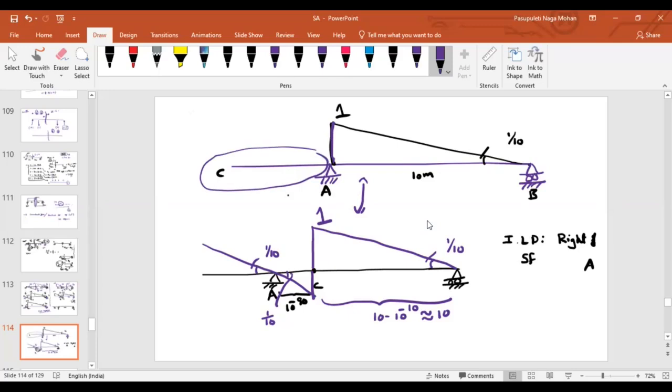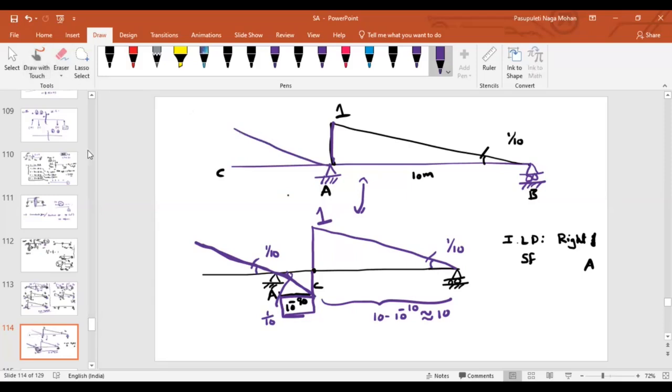So wherever you are drawing the shear force diagram just to the right or just to the left, if I enhance this diagram like this, 10 to the power of minus 10, then you can understand that because of this part, this will also tilt up. But as this magnitude is very, very small, it might not be visible. So that's why, if you draw the ILD just to the right of point A, then in addition to this triangle, this part will also come into the picture.